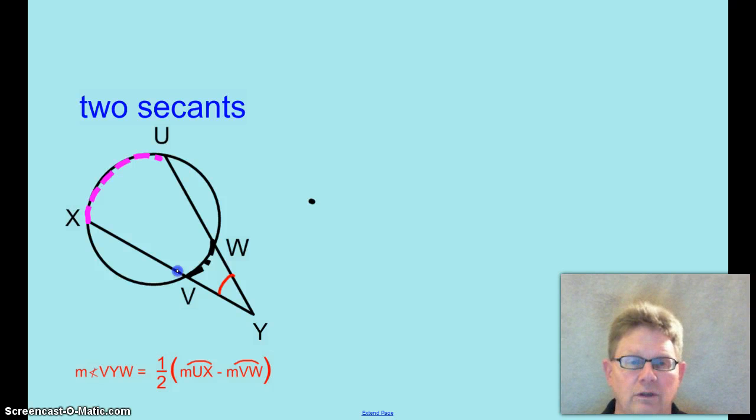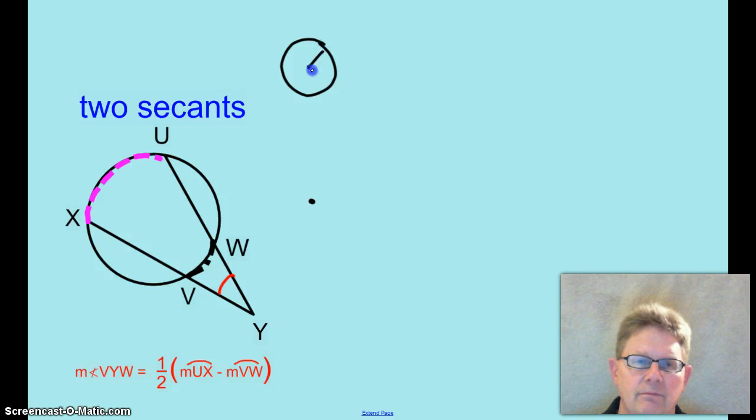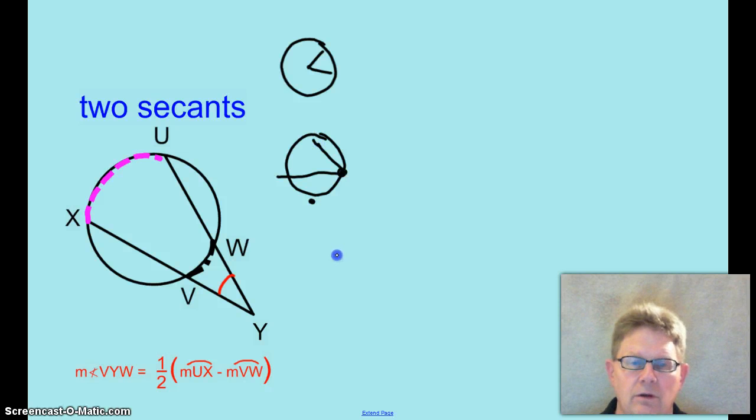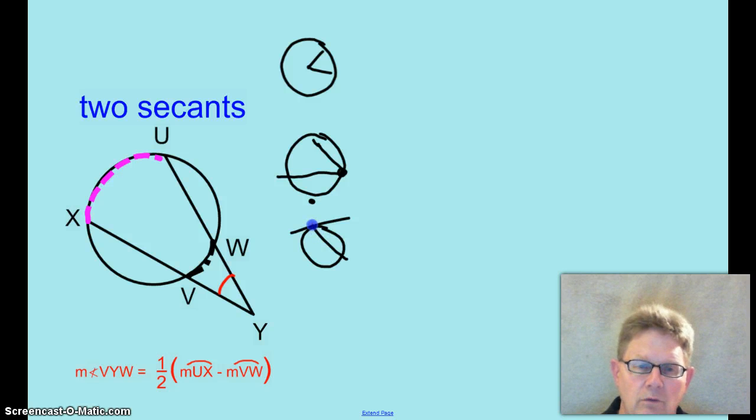I'm only going to say this verbally. I'll draw it too, but I'm not going to have a separate screen for this. If it's a central angle, the arc and the angle are the same size. If the vertex of the angle is on the circle, and it could be either an inscribed angle, or it could possibly be a tangent and a chord, it is half the intercepted arc.